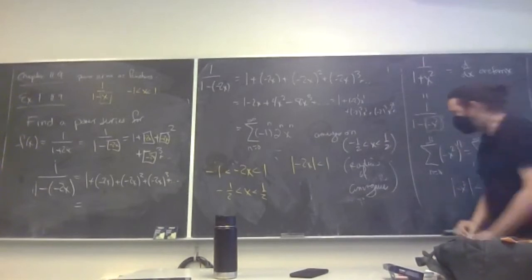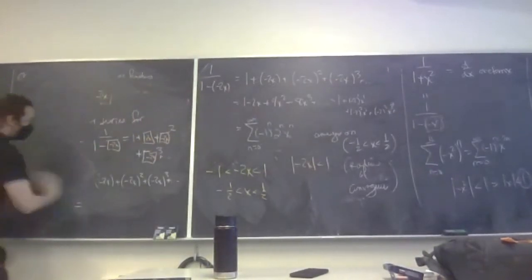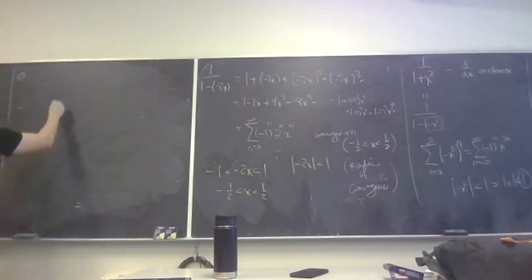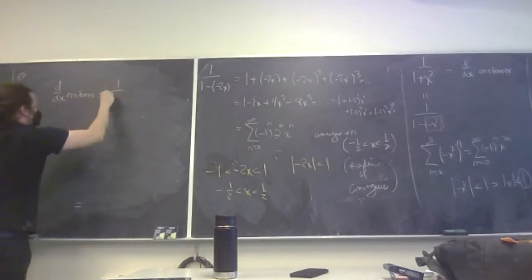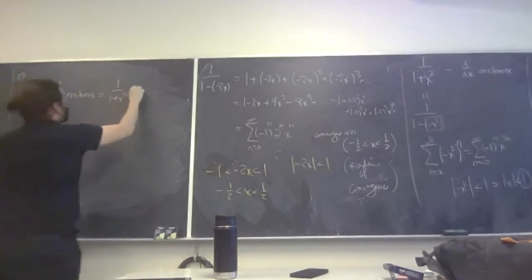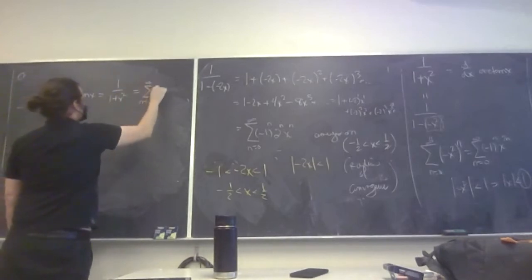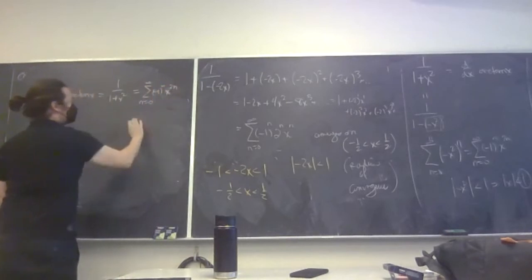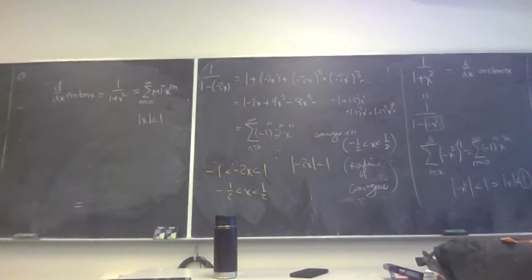So what I know right now is d/dx of the arctangent of x is equal to 1/(1 + x squared), which as a function is equal to the sum from n equals 0 to infinity, that power series, whenever that radius of convergence is satisfied.